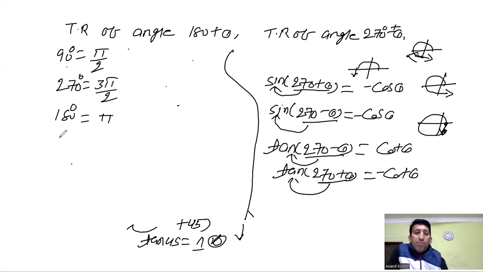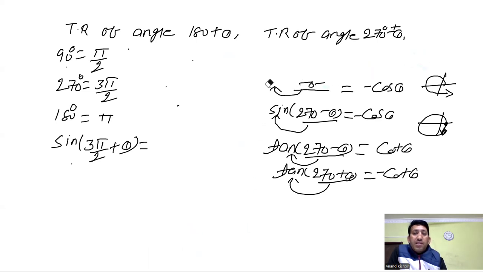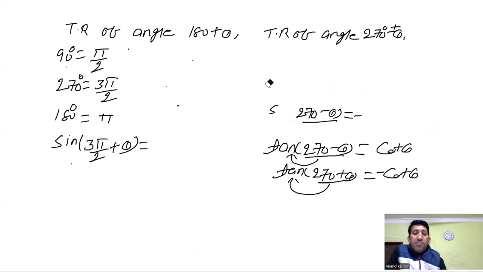So this is the angle in radian. This is in degree. So if I ask what is the value of sine 3 pi by 2 plus theta? Here, we know that at 90 and 270 the ratio will change. 90 means pi by 2 and 270 means 3 pi by 2, multiples of pi by 2.